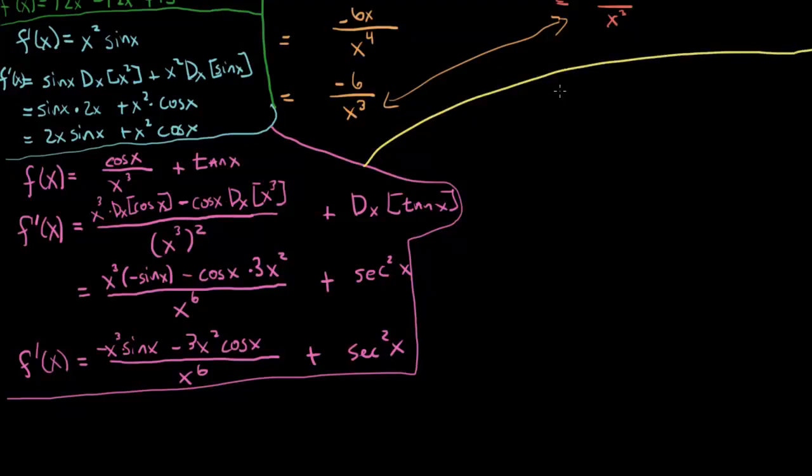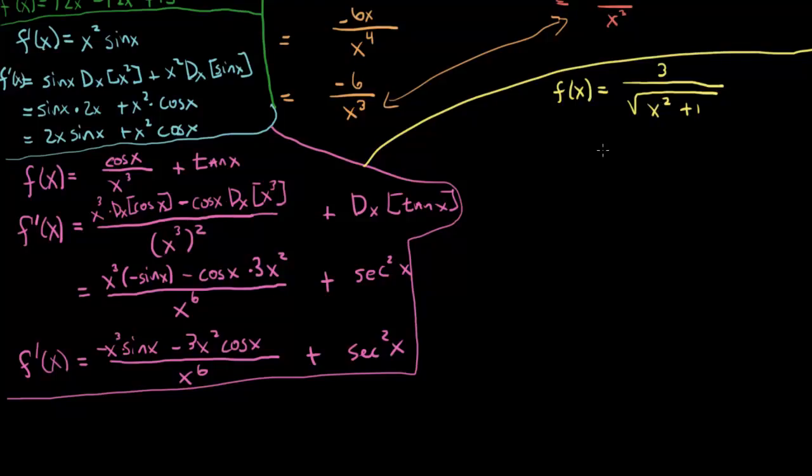Let's say that f of x equals 3 over the square root of x squared plus 1. Okay. Now notice, we have two options here.